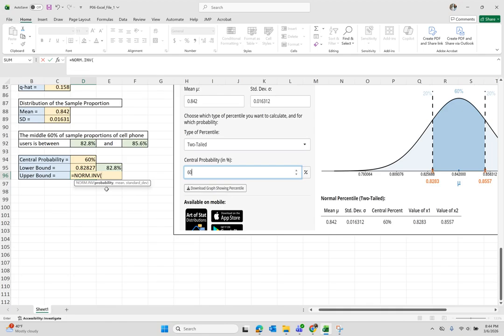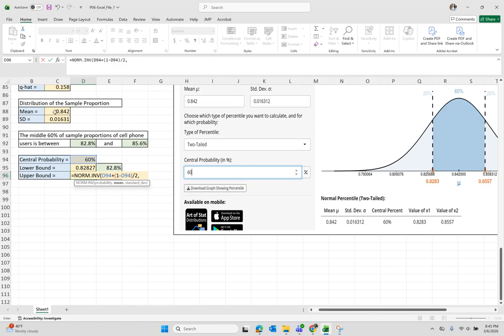So you want this probability to be the 60% plus the probability of the left tail that you calculated earlier. And this was 1 minus that 60% divided by 2. So this will be the probability to the left of the upper bound. It will be the left tail that was to the left of the lower bound plus the central probability that contains the interval.